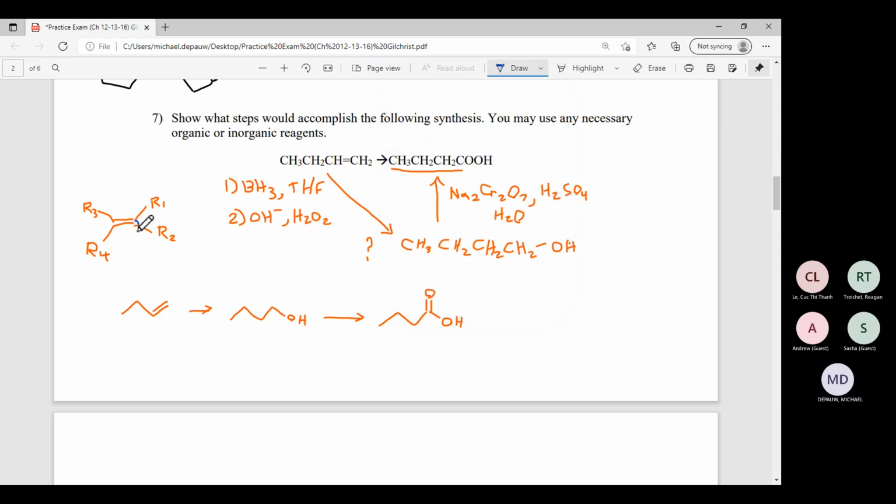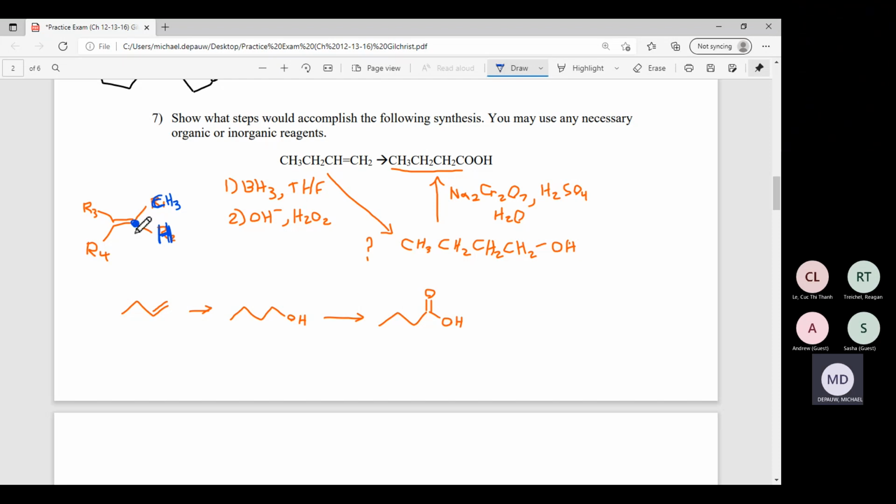Now, let's say I'm looking at the carbon on the right here, which I'll draw in blue, although it might not be blue because I'm colorblind. That carbon is attached to other carbons, depending on what R1 is. Let's say R1 happens to be a CH3, but R2 happens to be just a hydrogen.